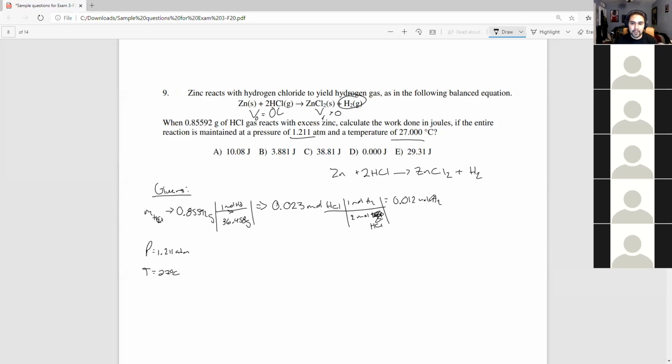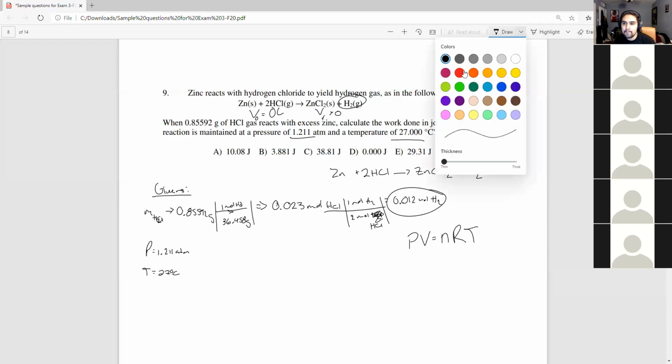Okay, so how do I find out how much volume I have now of H2? Don't you have to plug it into PV equals nRT? Yes, we use our ideal gas equation here. Do I have all the variables to solve for volume?